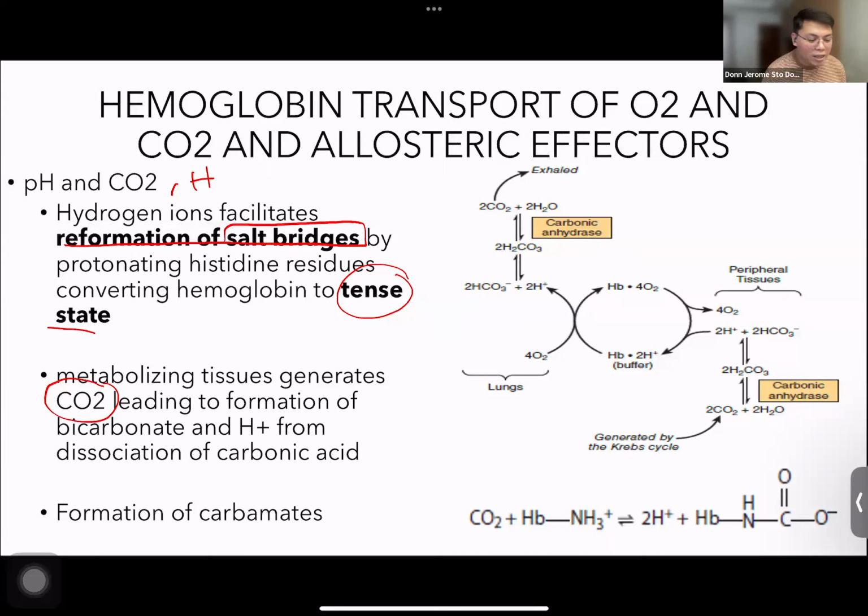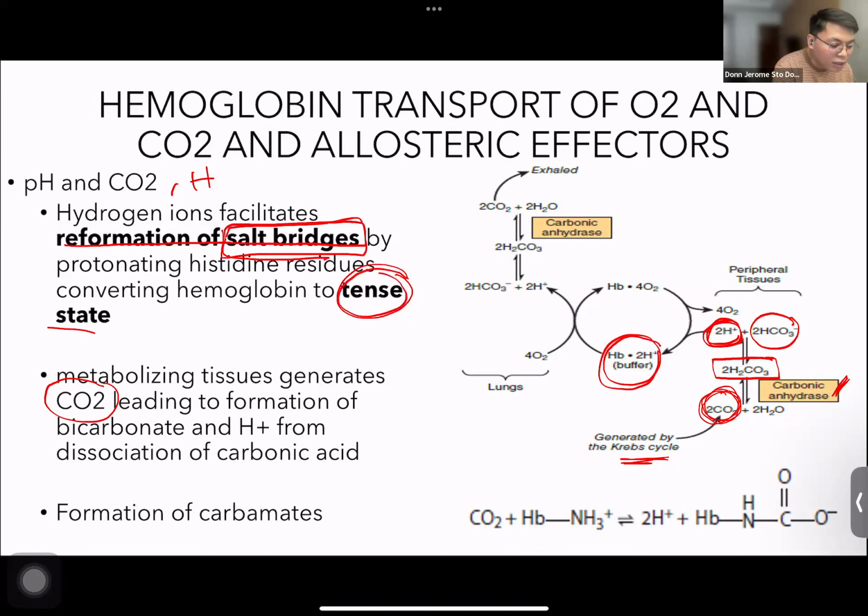So, makikita nyo that carbon dioxide produced by actively metabolizing tissue from the Krebs cycle can actually form carbonic acid by the enzyme carbonic anhydrase, converting it now to bicarbonate and hydrogen ions that can be buffered by the hemoglobin, reforming now the salt bridges, facilitating now the TENS, the T, or the tau form.